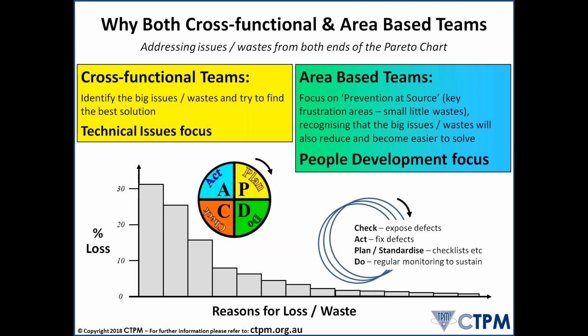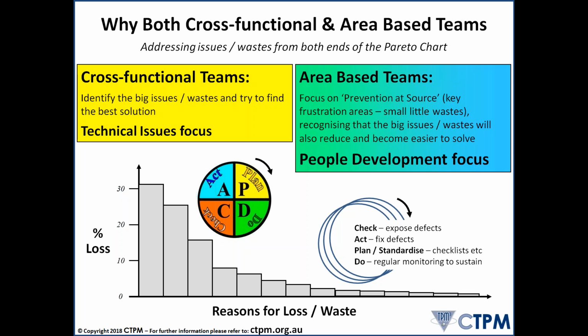And I'll just go into the cross-functional versus area-based teams a little bit. I mentioned there that we have two types of teams that we tend to run all of our improvement cycles through. Yes, it comes down to individuals, but also we have the teams. These teams are problem solvers. Now, on this map, you see the cross-functional teams. This is your cross-department teams.